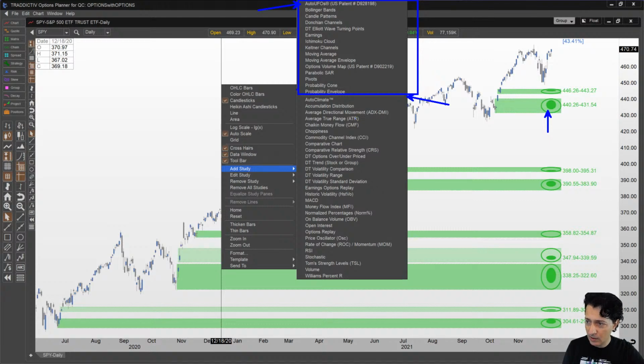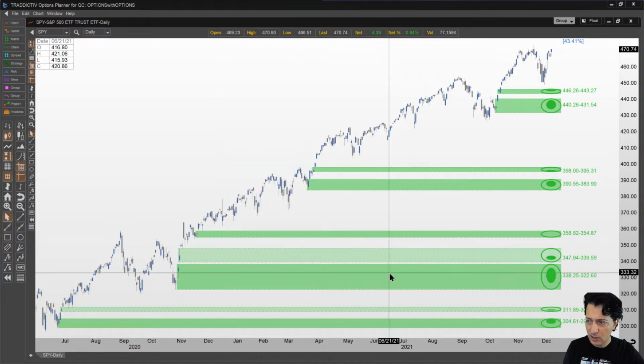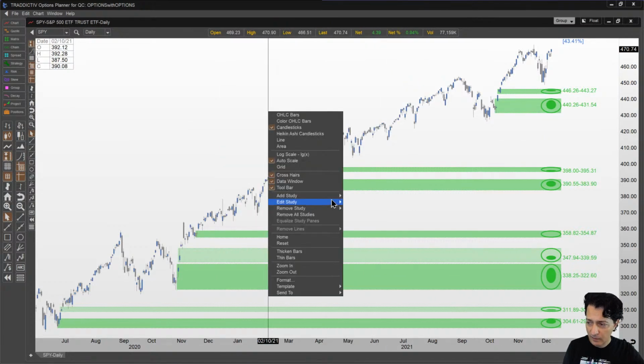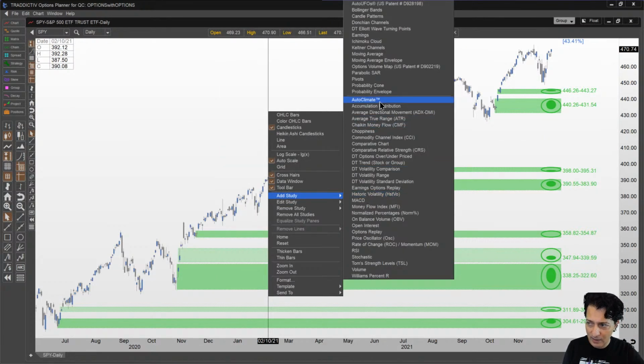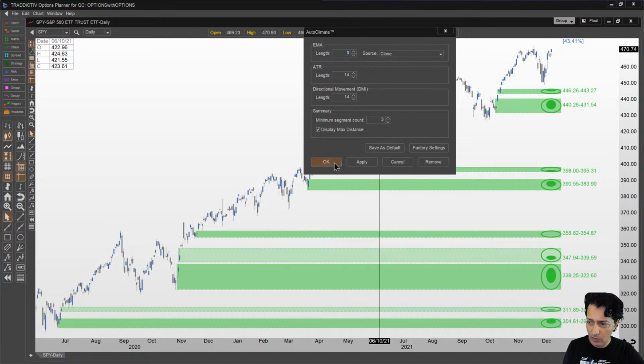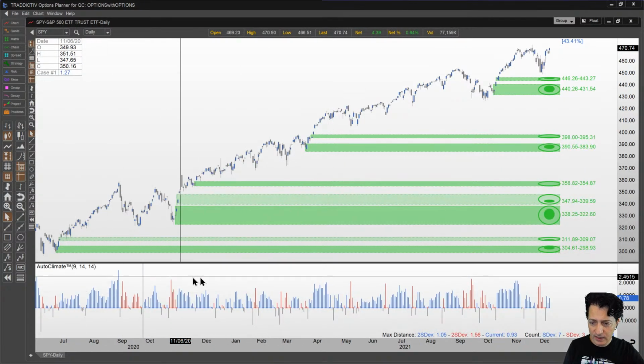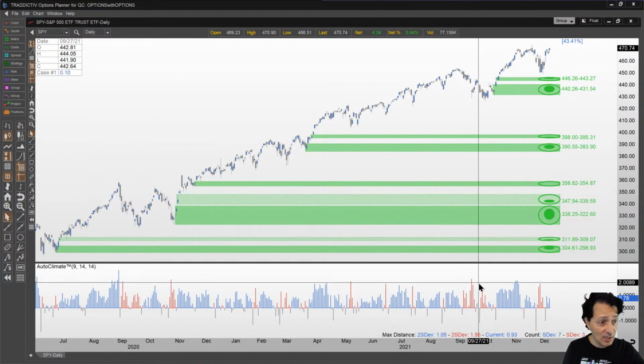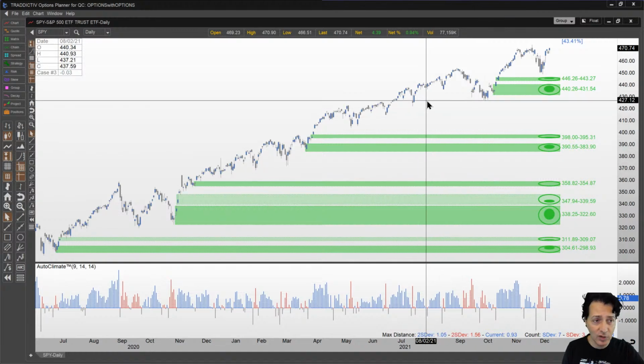All the studies located in the bottom portion go in a subgraph. For example, we'll talk about this properly when the time comes, but if I enable AutoClimate, notice how this is now displayed as a subgraph, not as an overlay on top of the charts.